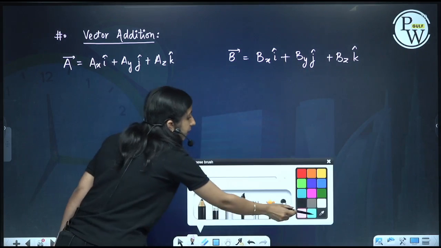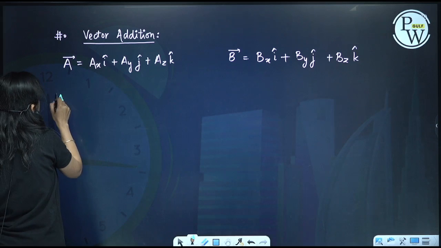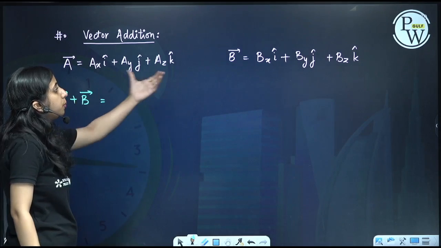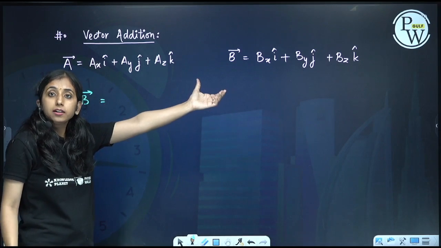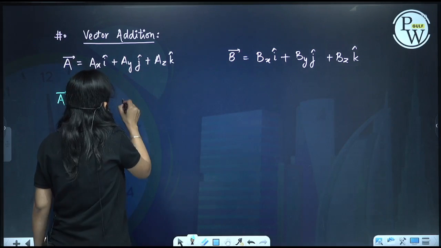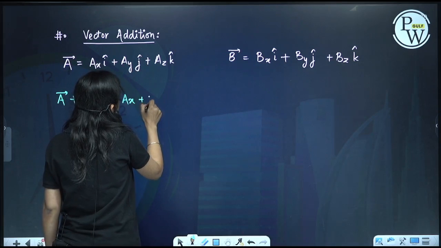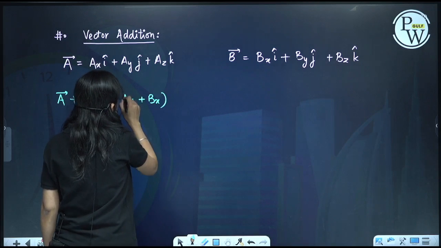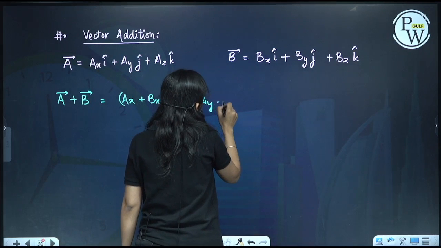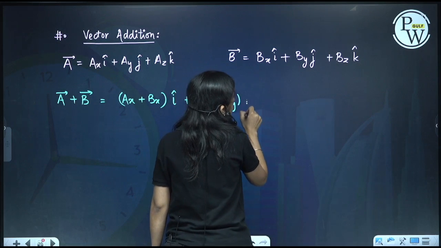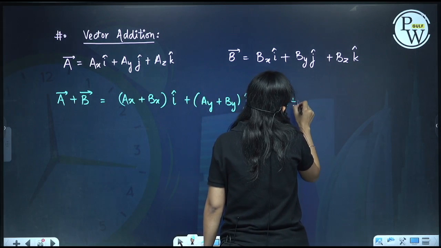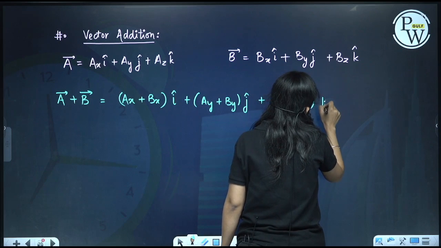Then what will be the value of A vector plus B vector? Replace it. The x component will get added to the x component, i plus i, j plus j, k plus k. It will become ax plus bx i cap plus ay plus by j cap plus az plus bz k cap.